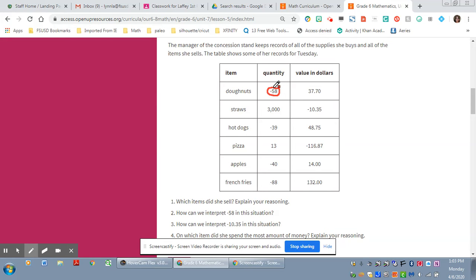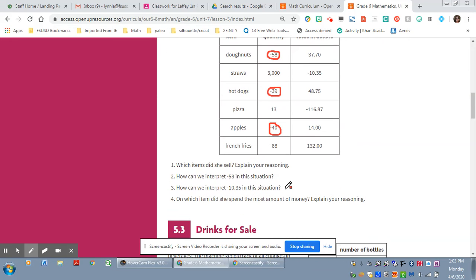So she sold 58 donuts because she has 58 less donuts. She sold hot dogs. And she sold apples. So that would be what you write for that. She sold donuts, hot dogs, and apples.